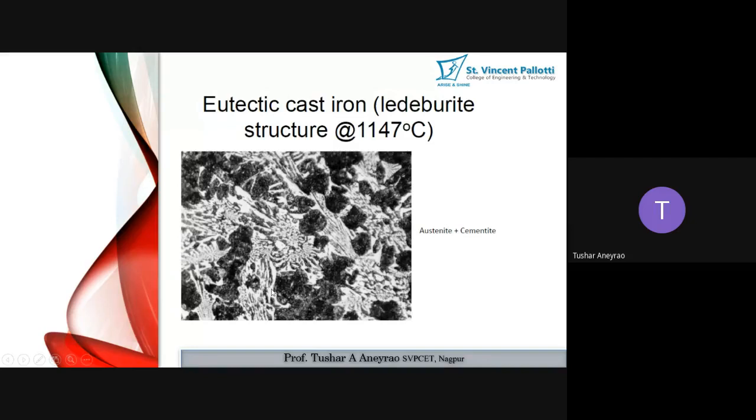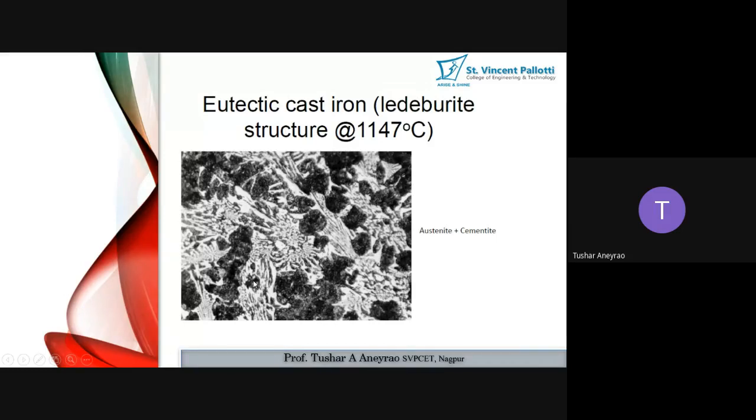This is not a general microscope image. If you use the light optical microscope, you are not going to get this type of image. For images like these, where you have to understand the phases, the composition of the phases, and the nature of their presence, you need a more sophisticated microscope.